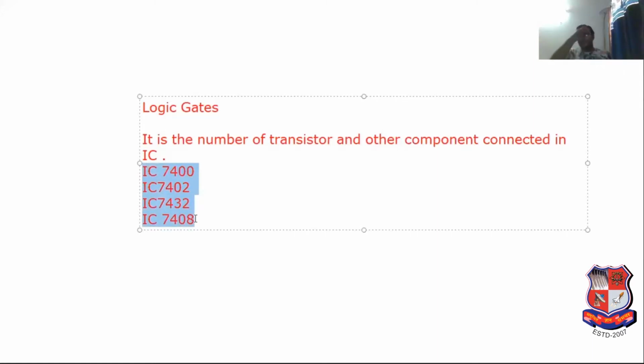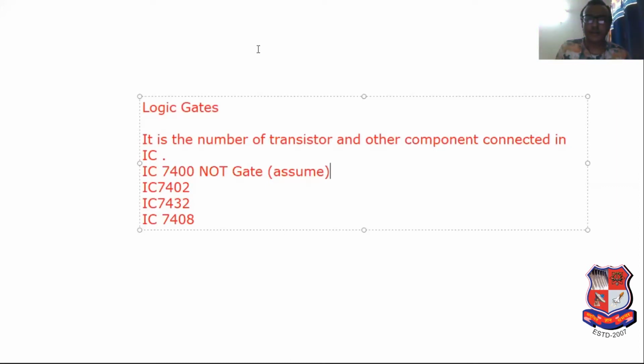I will explain this in the last portion of my lecture. What is the importance of these different ICs? Suppose IC 7400 indicates one gate, 7402 and 7432 are indicated by different names. So it is the different name of IC. The structure and symbol of IC I have mentioned in the last portion of this lecture.